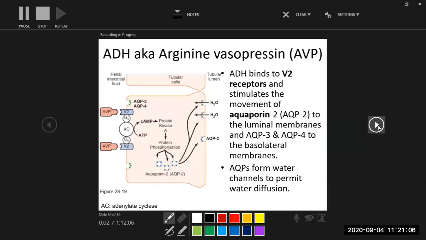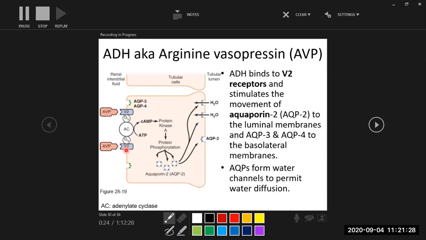Okay, here's probably the last one, I hope. ADH acts on the collecting tubule, collecting ducts, and that will open the water channel. ADH is also called arginine vasopressin, AVP.